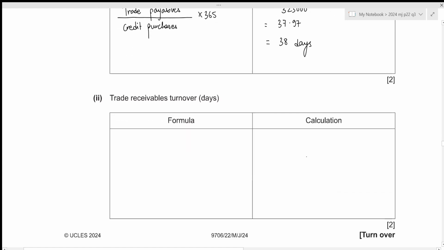Now for the second part, we need to calculate the trade receivables turnover in days. And the formula for this ratio is trade receivables divided by credit sales times 365. Let's substitute the values.